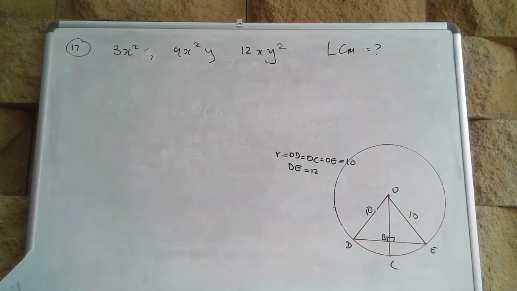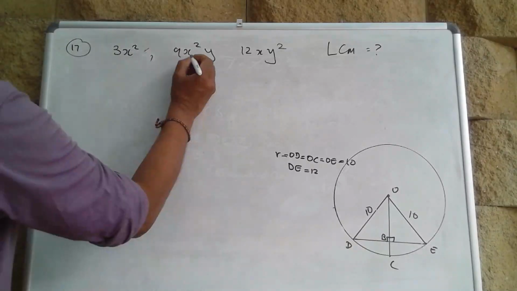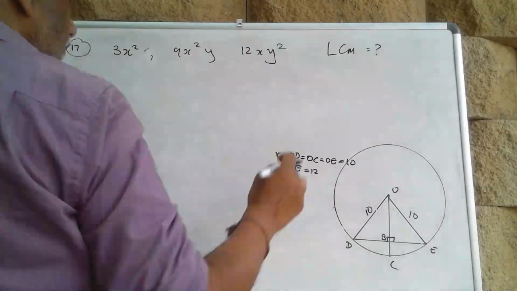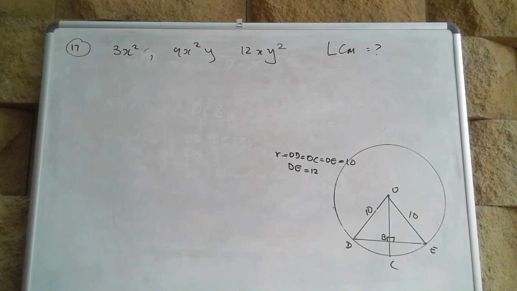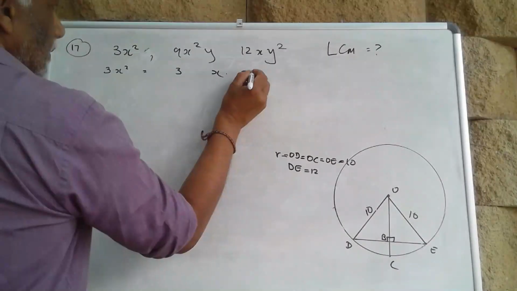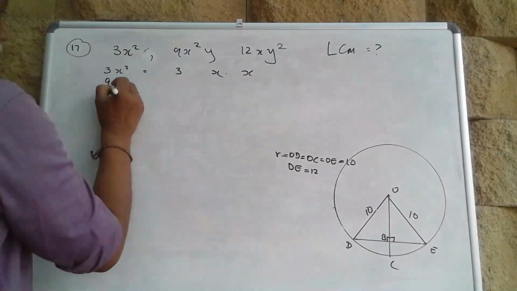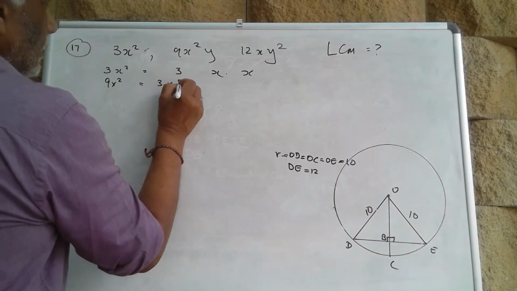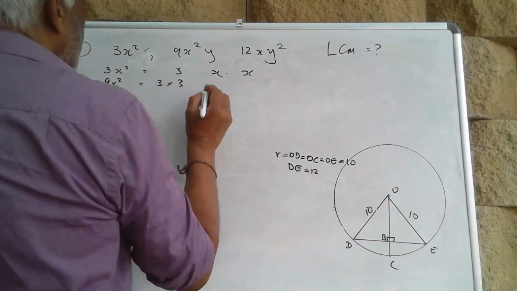Question number 17. 3x squared y, 12xy squared. You need to find the LCM, least common multiple, or some people call it lowest common multiple. Doesn't matter. So first things first, I'm going to separate it. 3x squared y is equal to 3 times x times x times y.